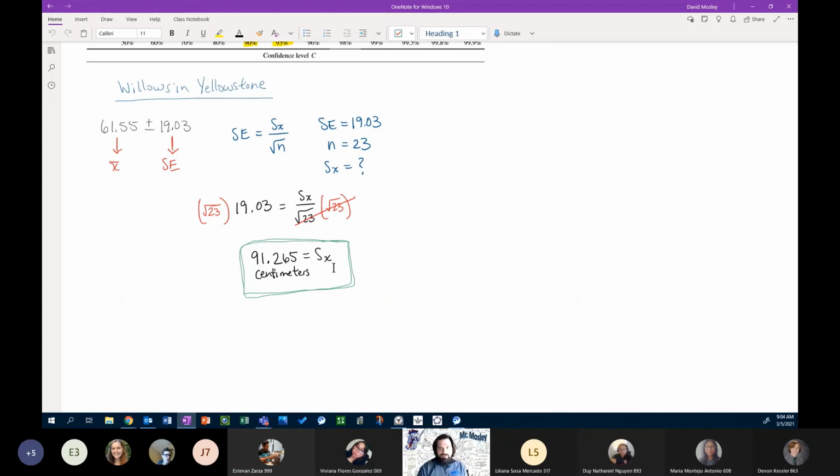Is there anything I can clarify on this one? Okay, so again, it's important to identify the formula, the known parts of the formula, and then solve for the unknown.